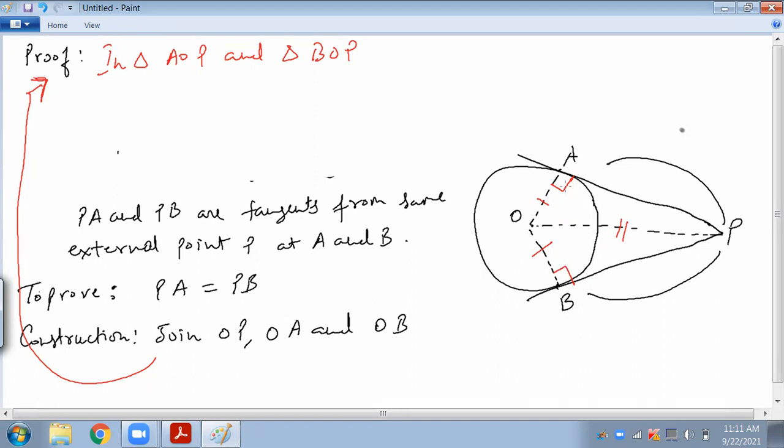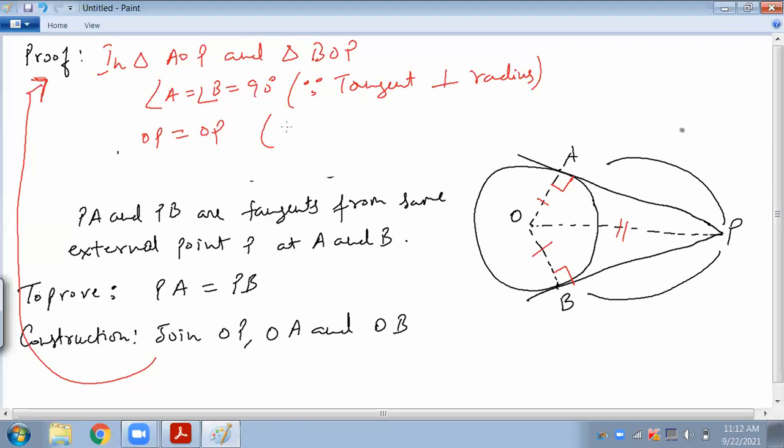In these two triangles, one angle is 90. Angle A equal to angle B equal to 90. Why are angle A and B 90? Since tangent is perpendicular to the radius. We have shown in the last theorem, we have already proved. Then we can take OP equal to OP. They are both hypotenuse and it is common.